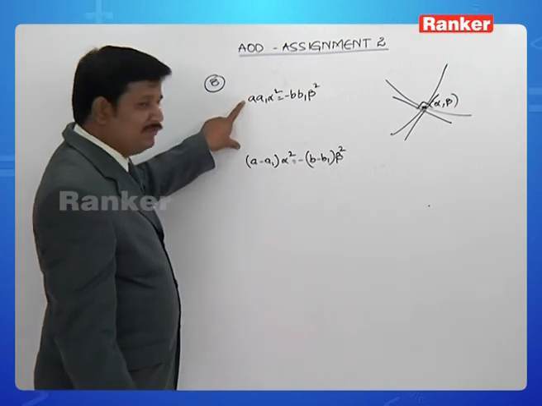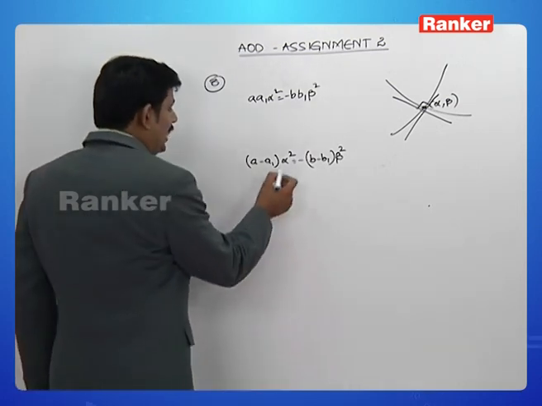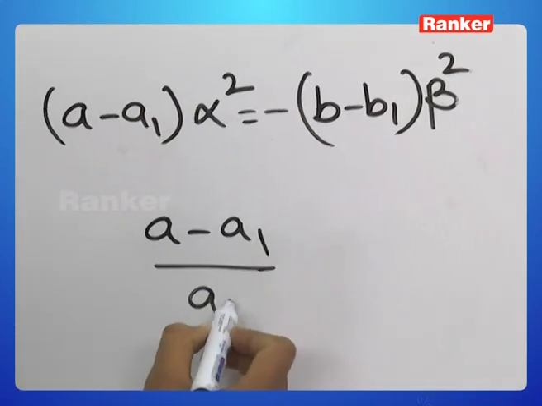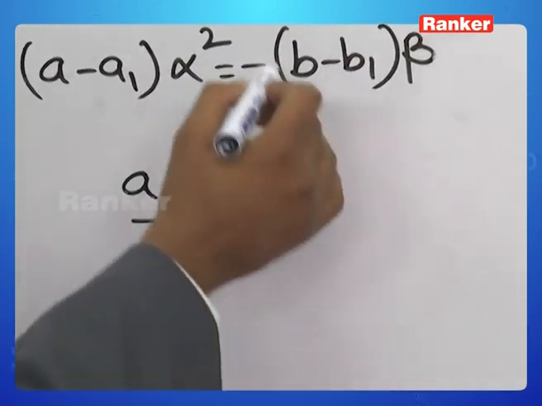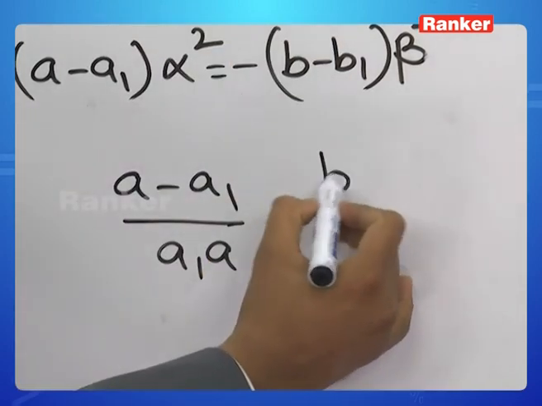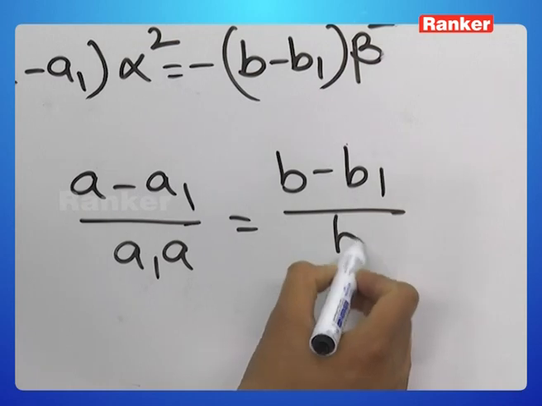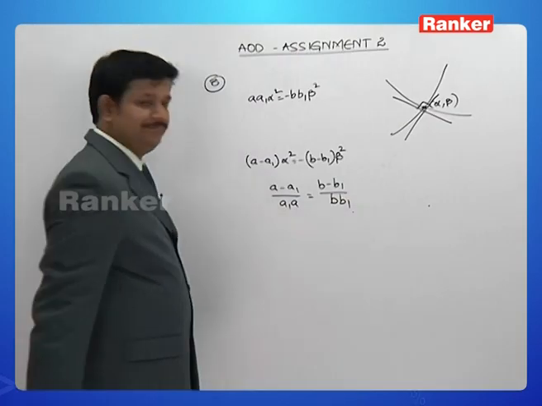Now, dividing one equation by the other, alpha square gets cancelled, a minus a1 by a a1 is equal to, minus sign gets cancelled, beta square gets cancelled, b minus b1 by b b1.